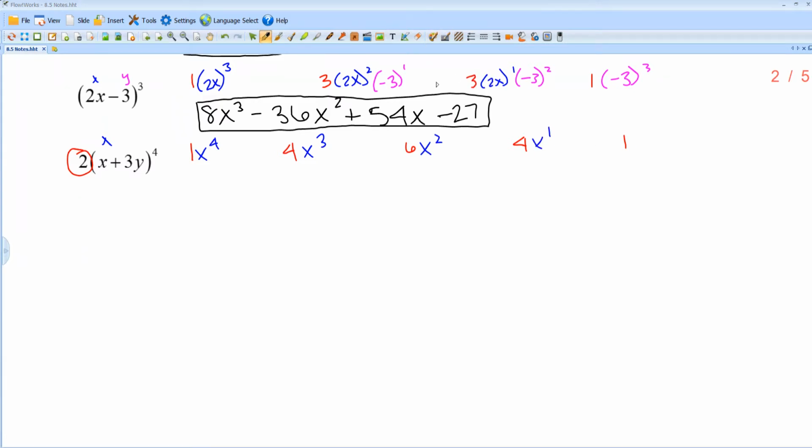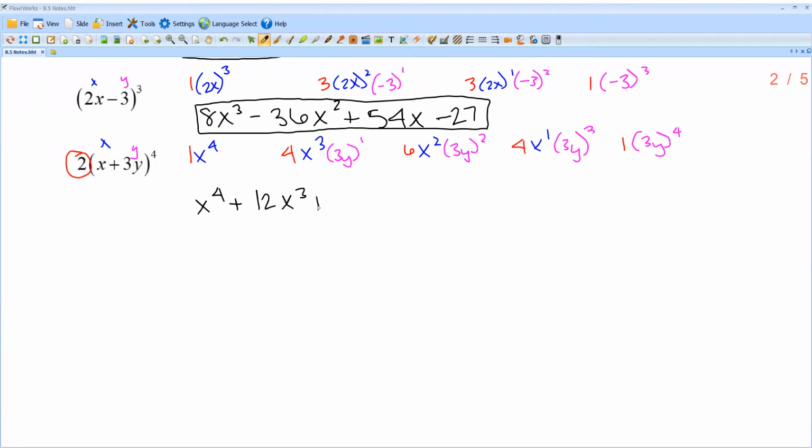And then in pink, I'm going to have parentheses because I have 3y. So 3y to the 0, 3y to the first, 3y to the second, 3y cubed, and 3y to the fourth. Then for our binomial expansion, we now have x to the fourth, plus 4 times 3 is 12, x cubed y, plus 3 squared is 9, times 6 is 54. I lost a y here.